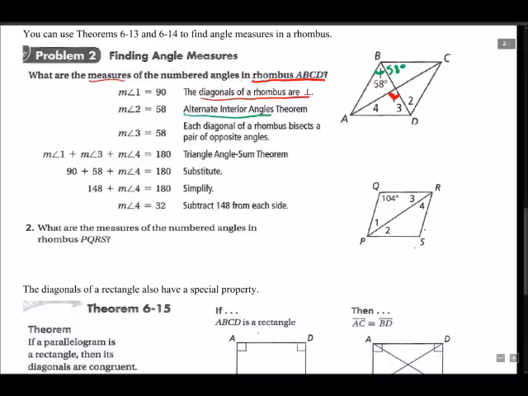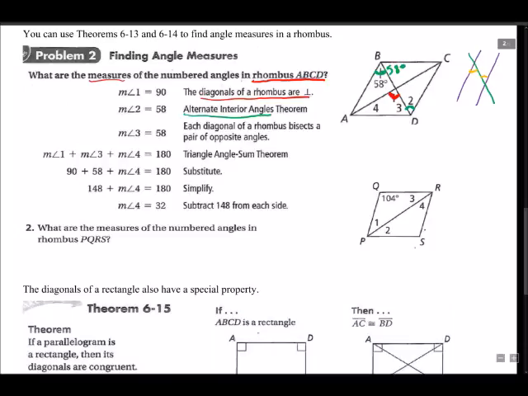Back to chapter 3. So I can say this angle is congruent to this angle, right? Those are my alternate interior angles. If I draw my parallel lines here, parallel lines cut by my transversal, then we've got this angle and this angle, right?